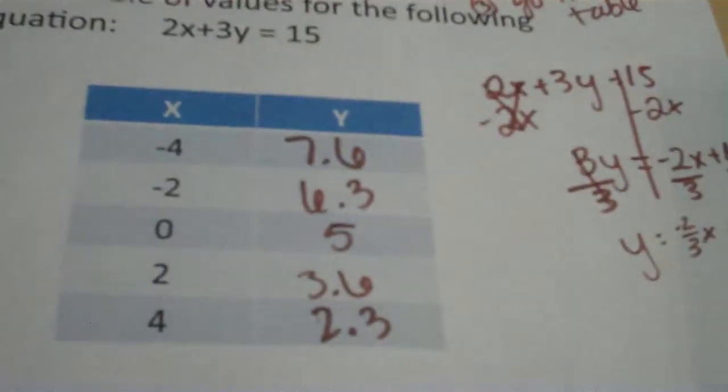At 0, it is 5. Yet again, your calculator should be much easier to see than mine. At 2 is 3.6666, so I'm just going to put 3.6, or you could put 3.7, it doesn't matter. And number 4 is 2.33333. So 2.3.